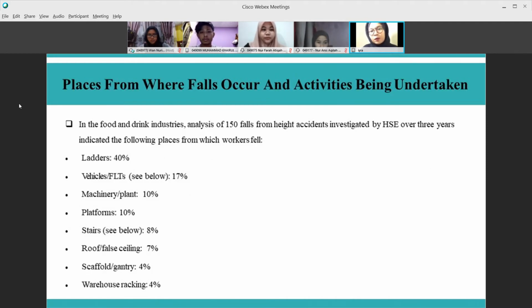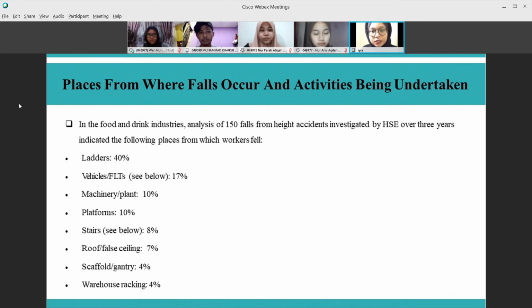For the place from where falls occur and activities being undertaken in the food and drink industries, analysis of 150 falls from height accidents investigated by HSE over 3 years indicated the following places from which workers fell.